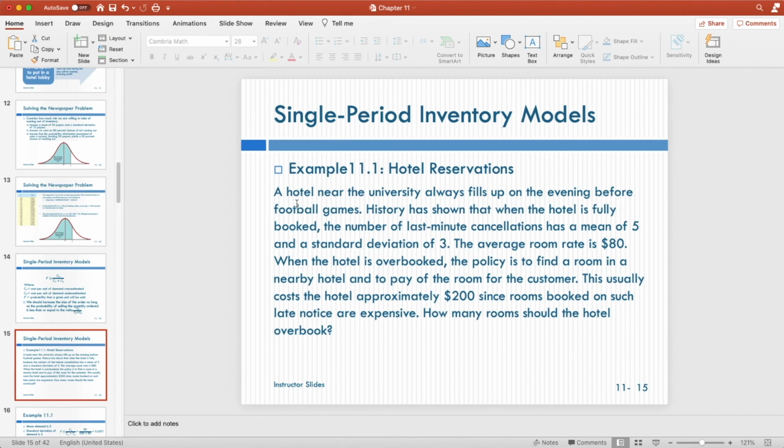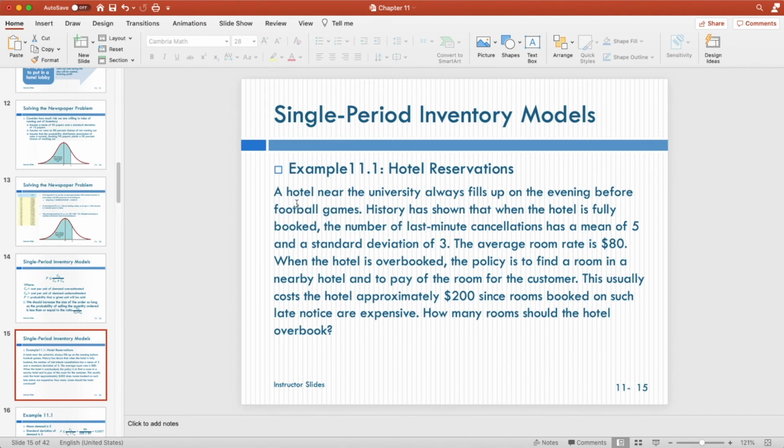The average room rate is $80. When a hotel is overbooked, the policy is to find a room in a nearby hotel and pay for the room for the customer. This usually costs the hotel approximately $200. You see, this is higher compared to $80, since rooms booked on such late notice are very expensive. So how many rooms should a hotel overbook?